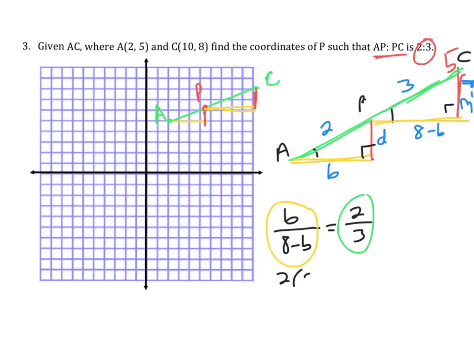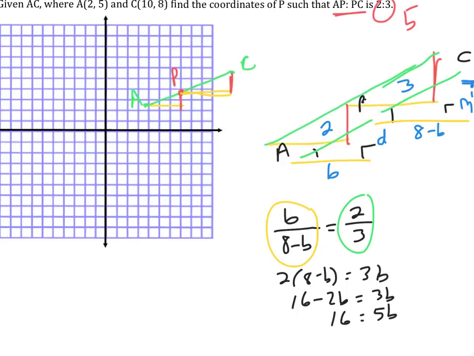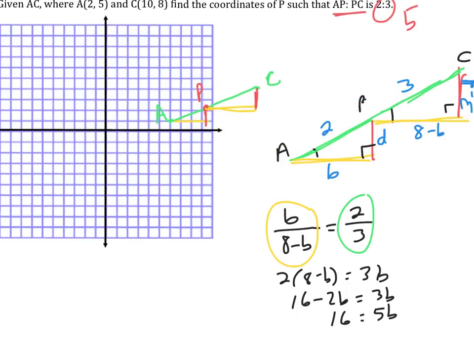So 2 times the quantity 8 minus B equals 3B. Gives me 16 minus 2B equals 3B. 16 equals 5B. No wonder we were having troubles with this, because like I said, it's not going to come out nice.